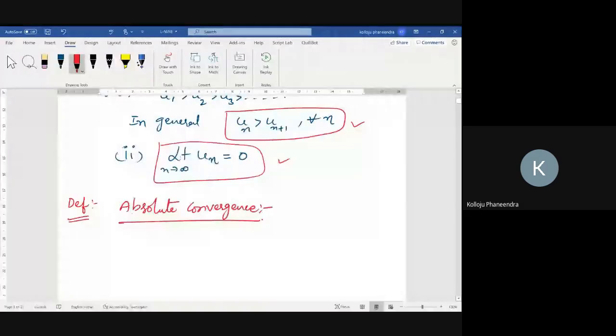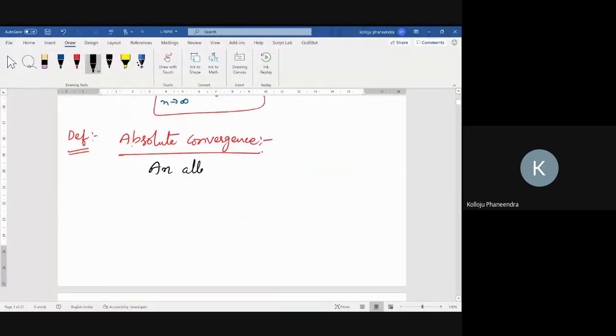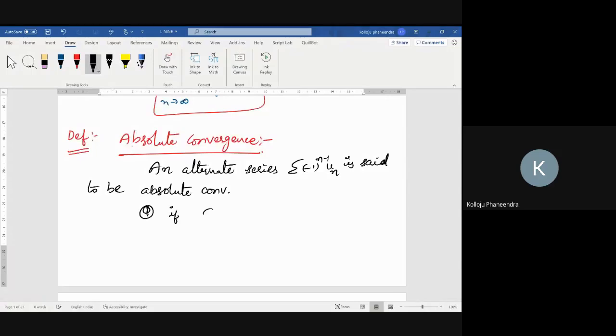Now, absolute convergence definition: an alternate series sigma minus 1 whole power n minus 1 un is said to be absolutely convergent if, first condition, sigma minus 1 whole to the power of n minus 1 un is convergent.